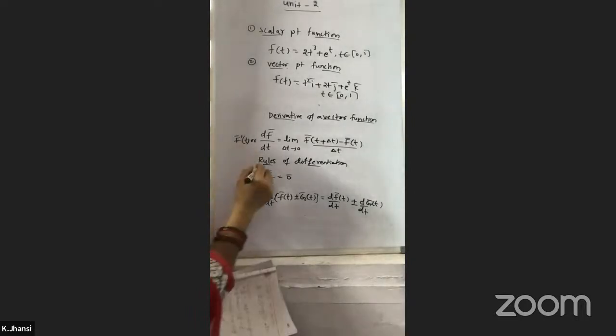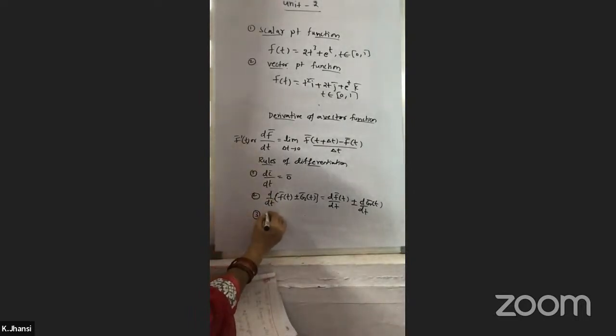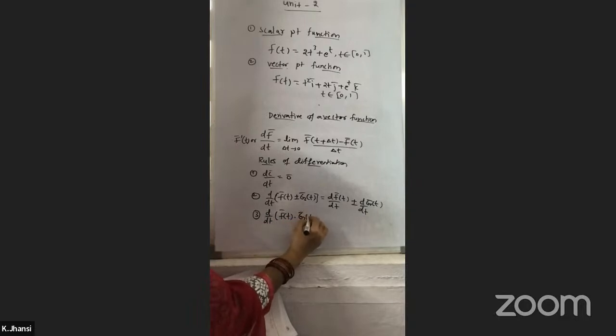And if you do the multiplication also, multiplication means the UV rule, we have d by dt of f of t dot g of t.